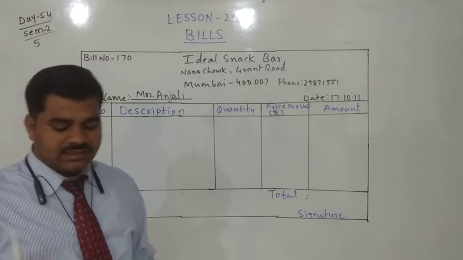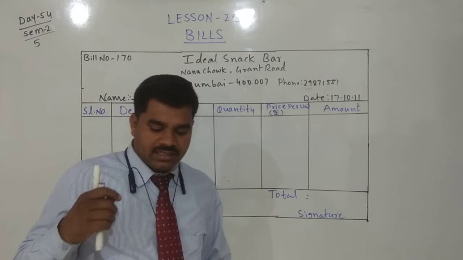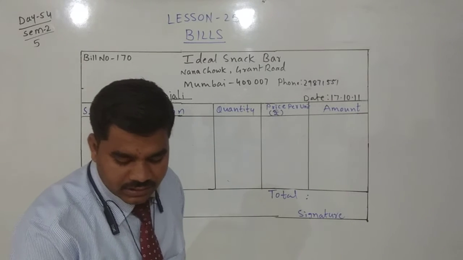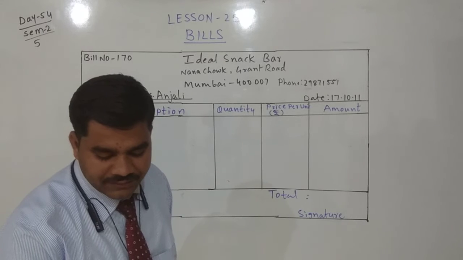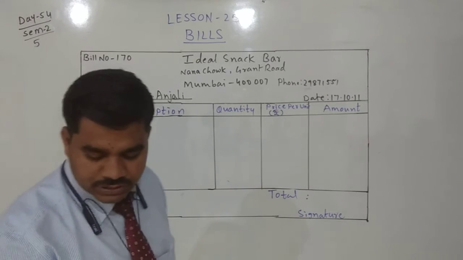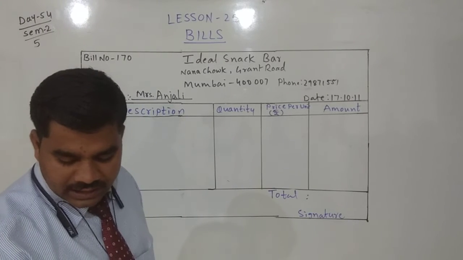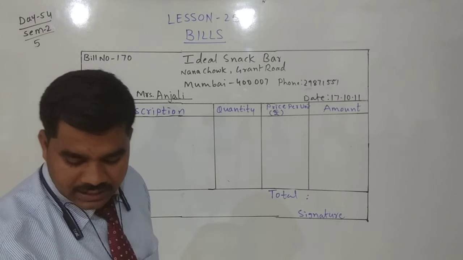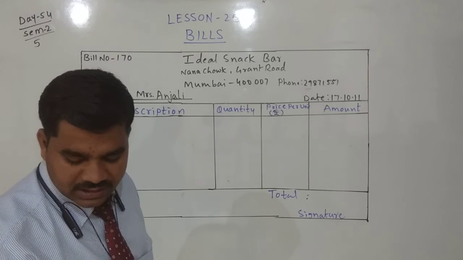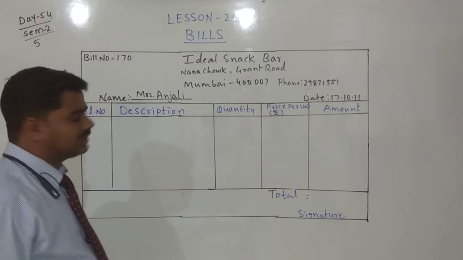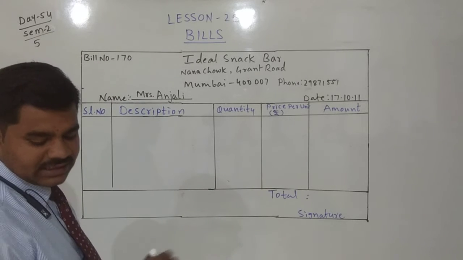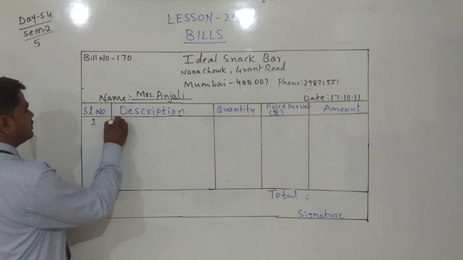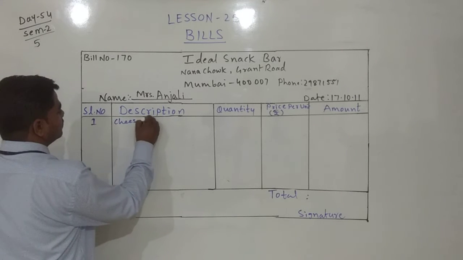Here the items: 6 cheese sandwiches and 8 tarts at 9.25 rupees, 10 vegetable rolls and 12 samosas, half kg cookies and half kg wafers at 180 rupees a kilogram. Like this, she purchased 6 items. The first item is cheese sandwiches. Serial number 1, cheese sandwiches.